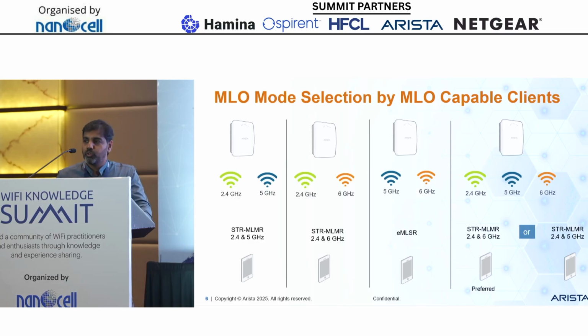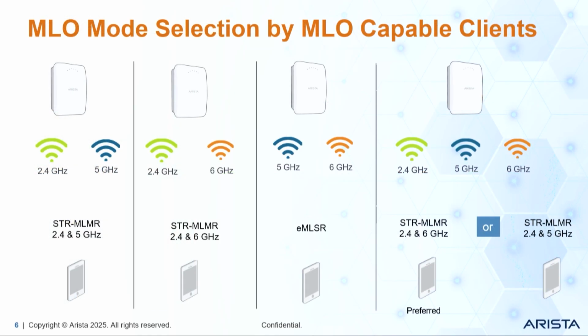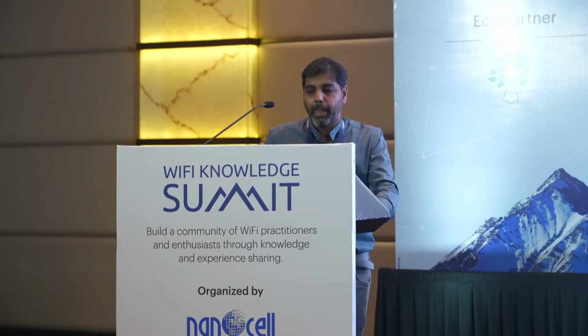If your country supports 6 gigahertz, then it would operate in 6 along with 2.4. But in a real world deployment, do we really need to have 2.4? 2.4 is extremely crowded in most campus deployments, and the question is whether having 2.4 with STR MLMR, with its aggregation benefit, is really going to help you in the field or not.